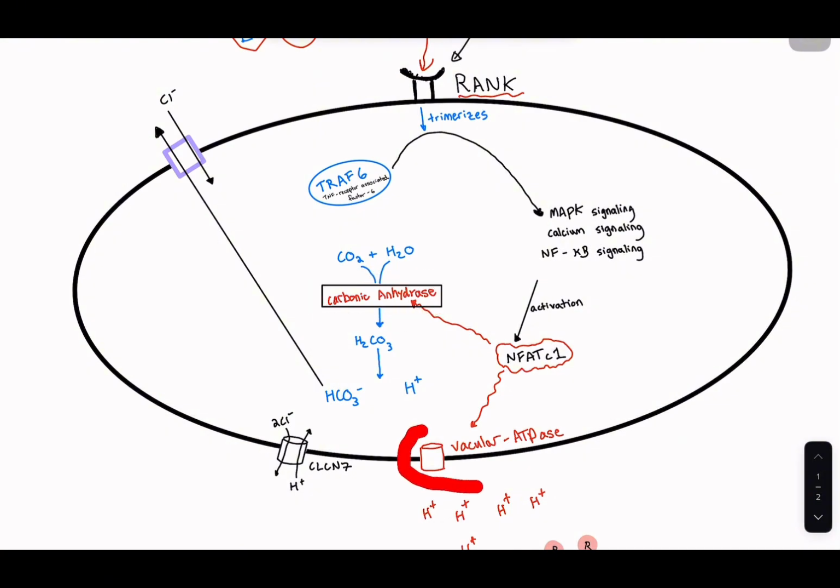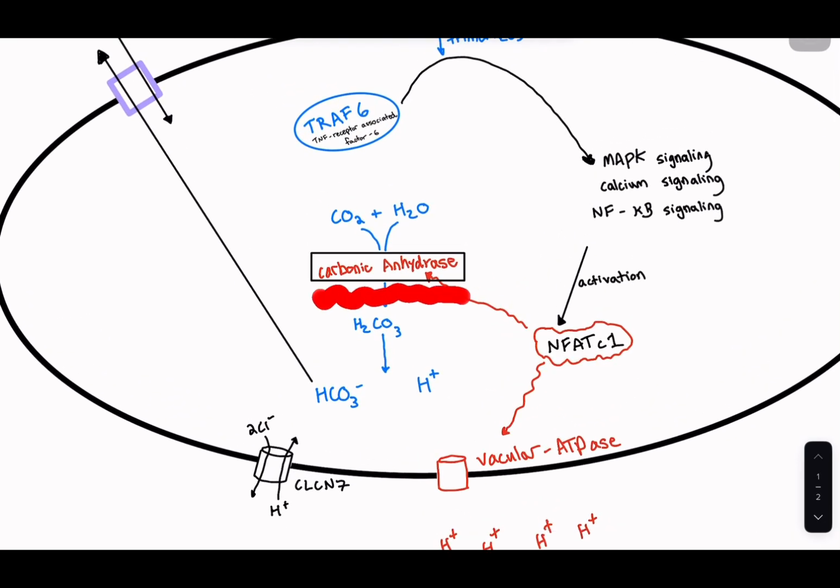And so this carbonic anhydrase right here facilitates a normal reaction that happens all the time, where water and CO2 react together to form bicarbonate and hydrogen ions. And this is carbonic acid. It's just an intermediate that's formed, but eventually that hydrogen ion just breaks off and we produce a free hydrogen ion, or proton, and bicarbonate.